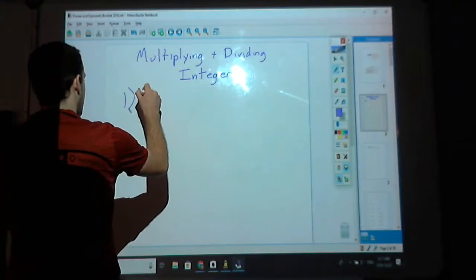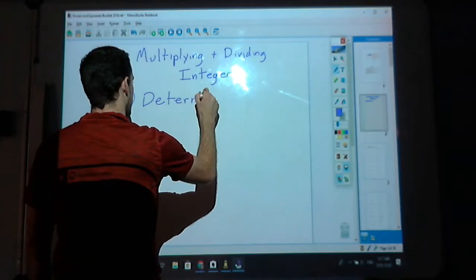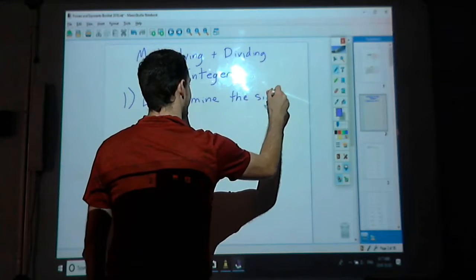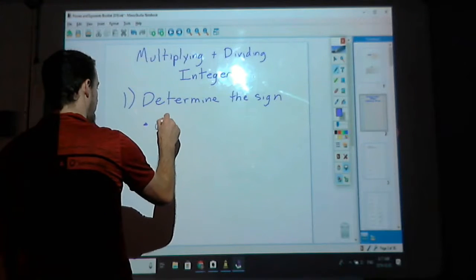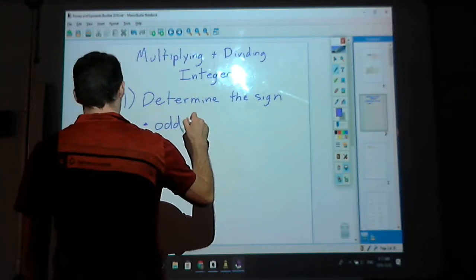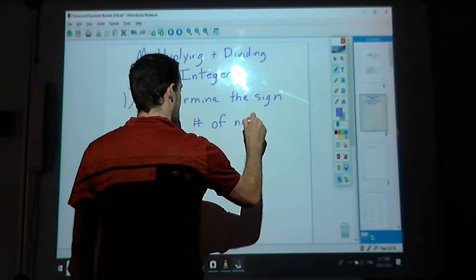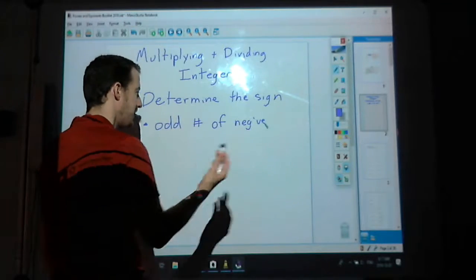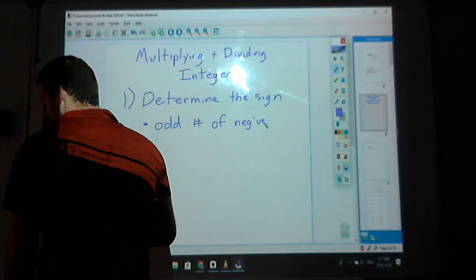So first step is to determine the sign. So step 1, determine the sign. If it is an odd number of negatives, sometimes I'll write negative like that just because I'm lazy. As I said, mathematicians can be a little lazy at times.